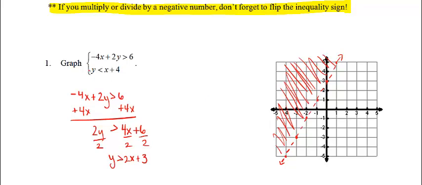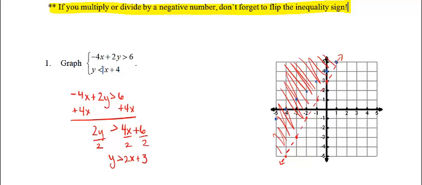I have not yet graphed that second inequality, so I'm going to do that now. I'm going to change colors. Okay, I'm going to start up at 4, and from there I'm going to count up 1 and to the right 1. If I don't see my slope in front of that x, it's assumed to be a 1. So up 1 and to the right 1, and then I'm going to reverse it. Down 1 and to the left 1, just to give myself some extra points.